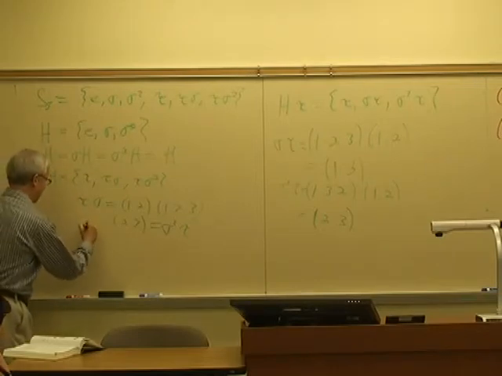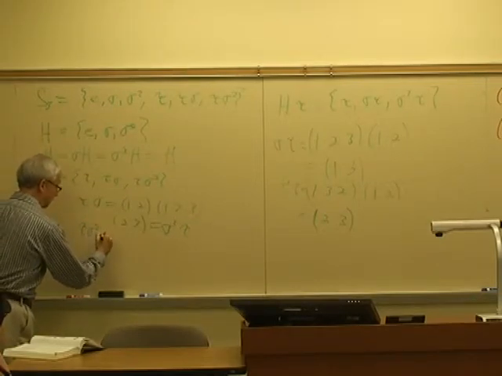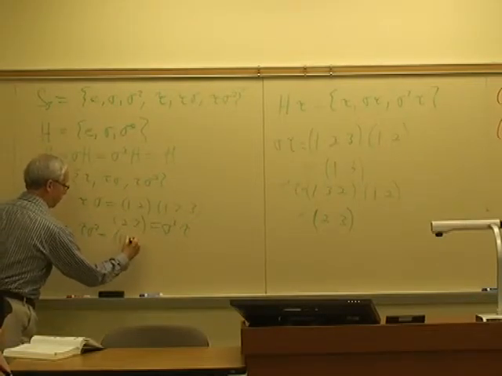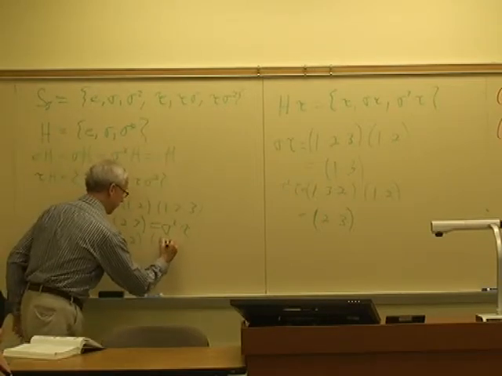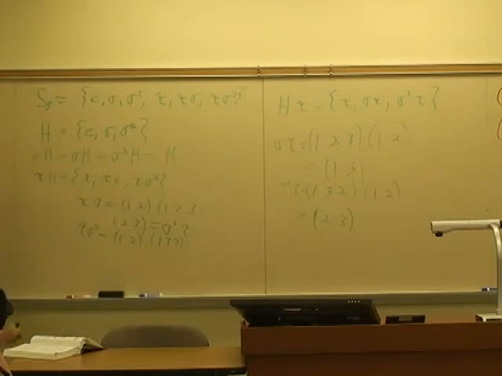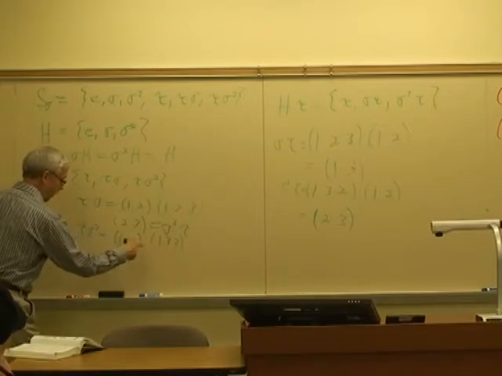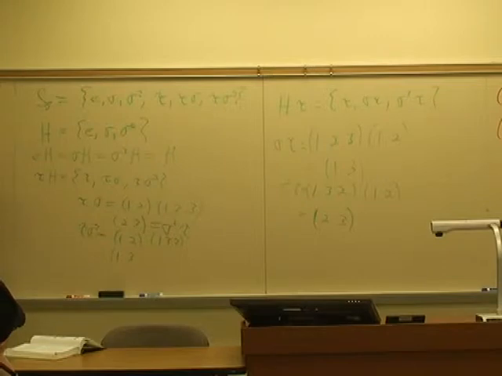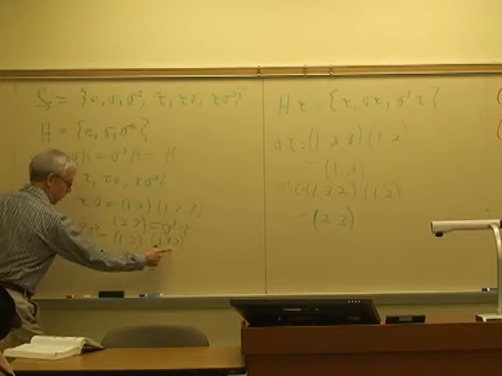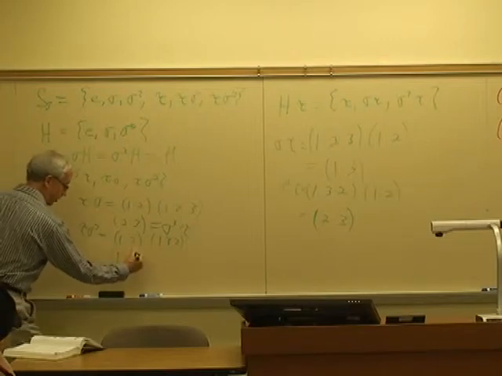And how about tau sigma squared? That's 1, 2 times sigma squared 1, 3, 2. So that sends 1 where? 1 to 3. This guy doesn't touch 3. Where does 3 get sent? 3 gets sent to 2, and then 2 gets sent to 1, so 3 gets sent to 1.